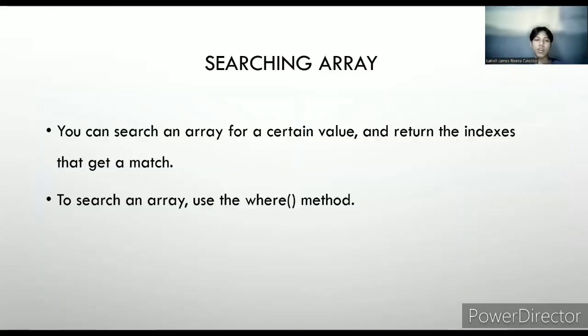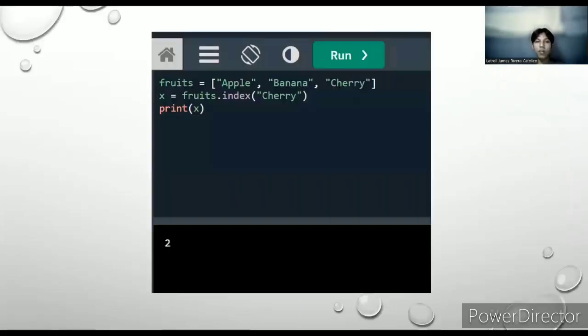Next is searching an array. You can search an array for a certain value and return the index that gets a match. For example, here we have a variable named fruits equal to apple, banana, and cherry. Then I'm going to create a new variable named x equal to fruits, and then we are going to use the index method.